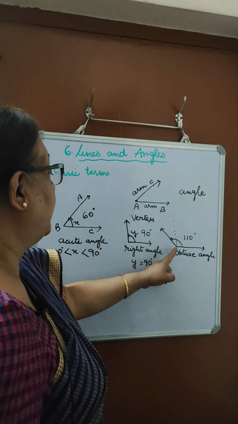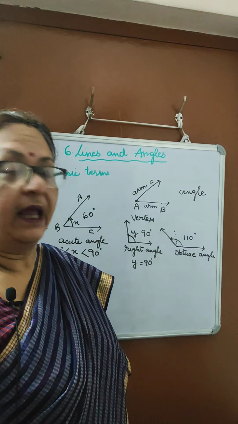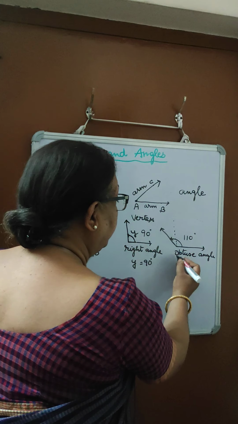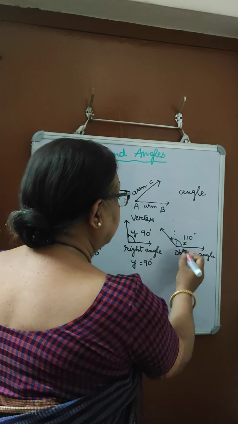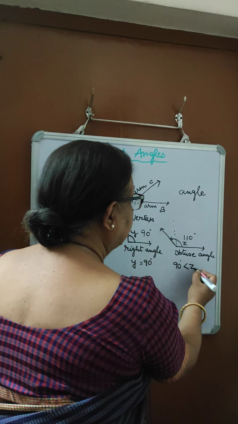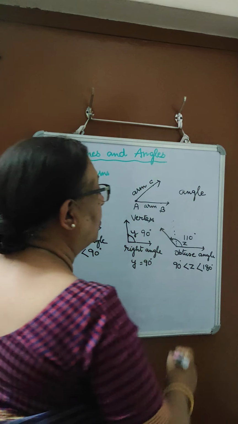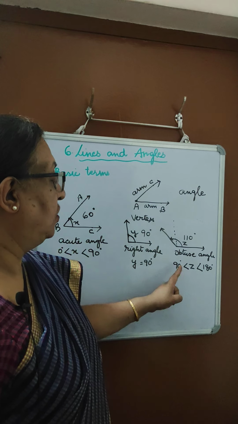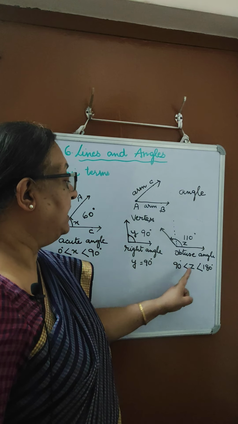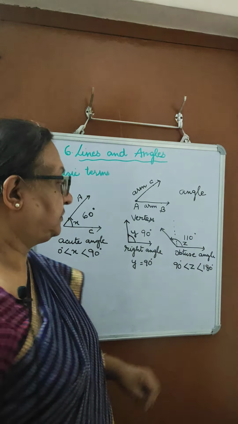Any angle whose measure is more than 90 degrees is called an obtuse angle. Suppose this angle is z, so 90 is less than z, and z is less than 180. So any angle whose measure is between 90 and 180 is an obtuse angle.